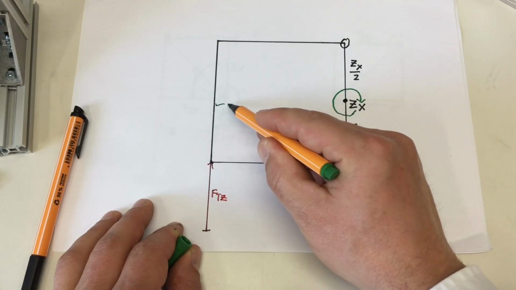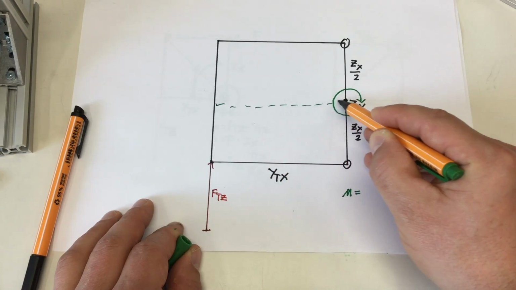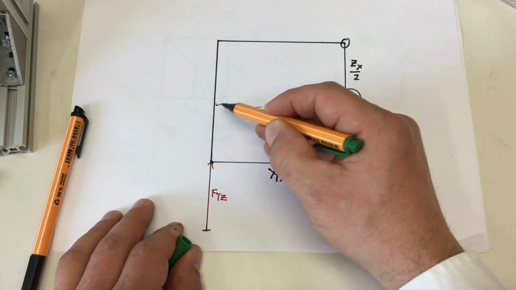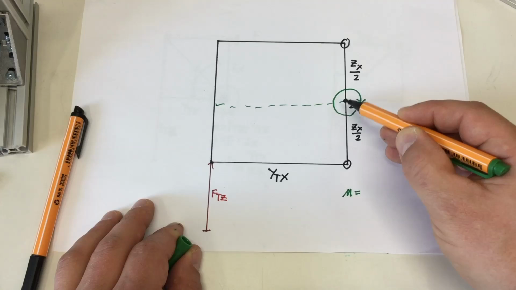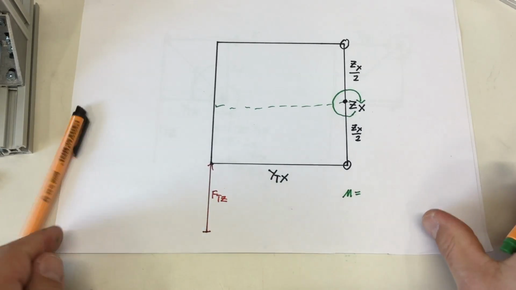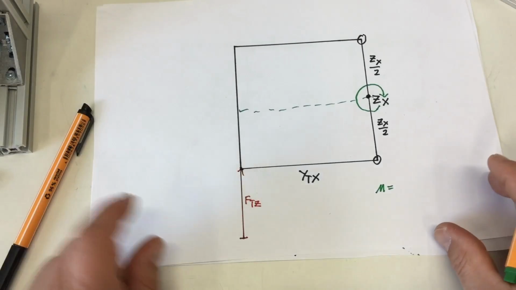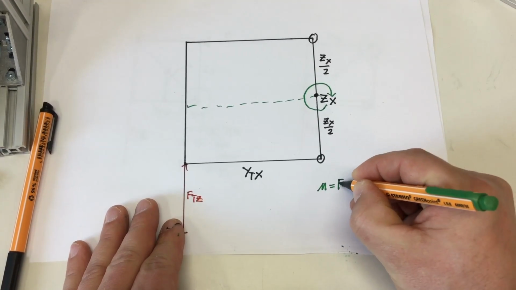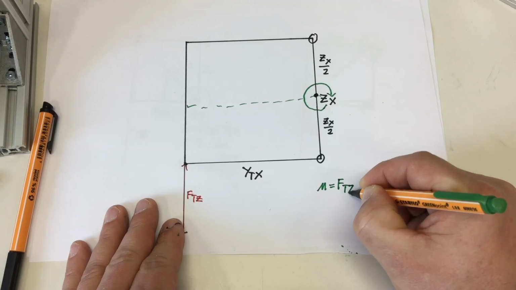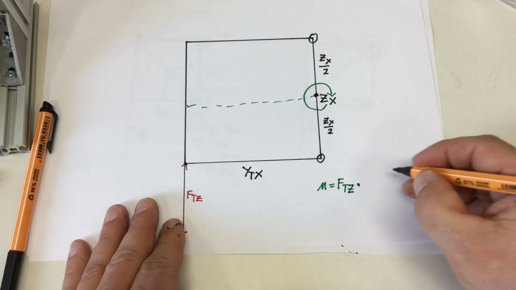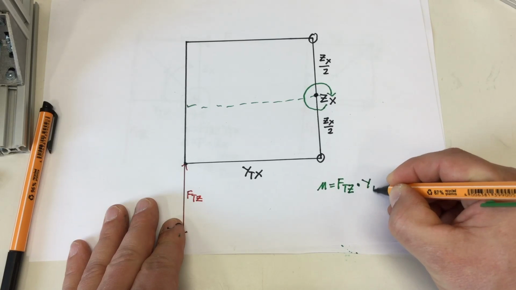Our lever in this case is up here. Yeah, the force of the tool on the tool is going up here. That's our lever we have around that point of rotation. And we already calculated this. The momentum is Ftz times length of our lever ytz.